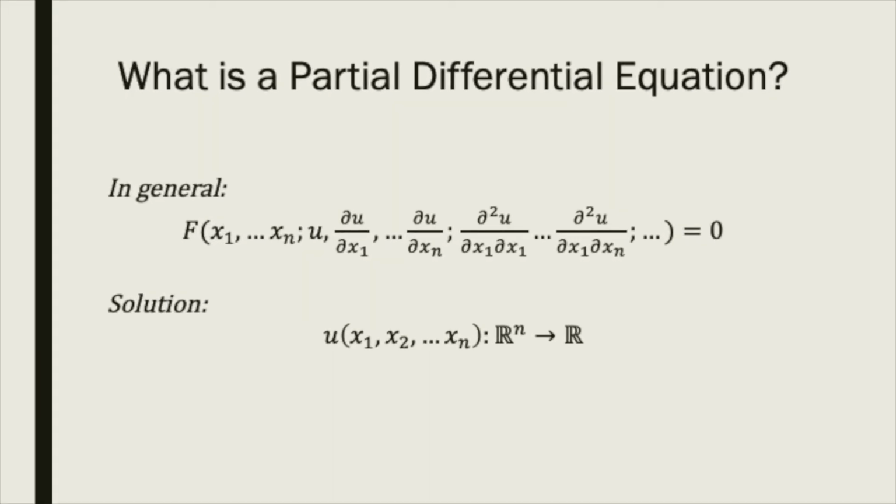Now imagine a differential equation that has terms for partial derivatives with respect to two or more independent variables of a function. This is a partial differential equation, or a PDE for short. A solution of a PDE is therefore a function of that many independent variables whose partial derivatives satisfy the equation.